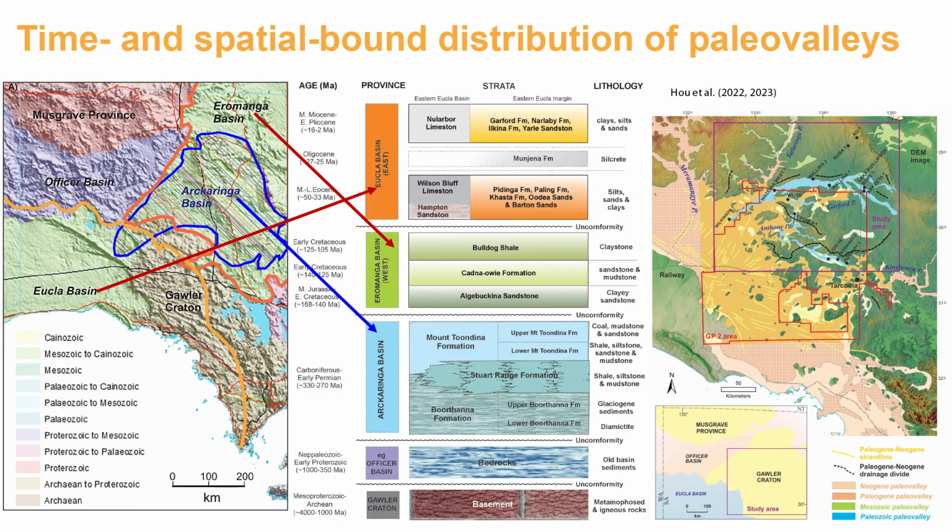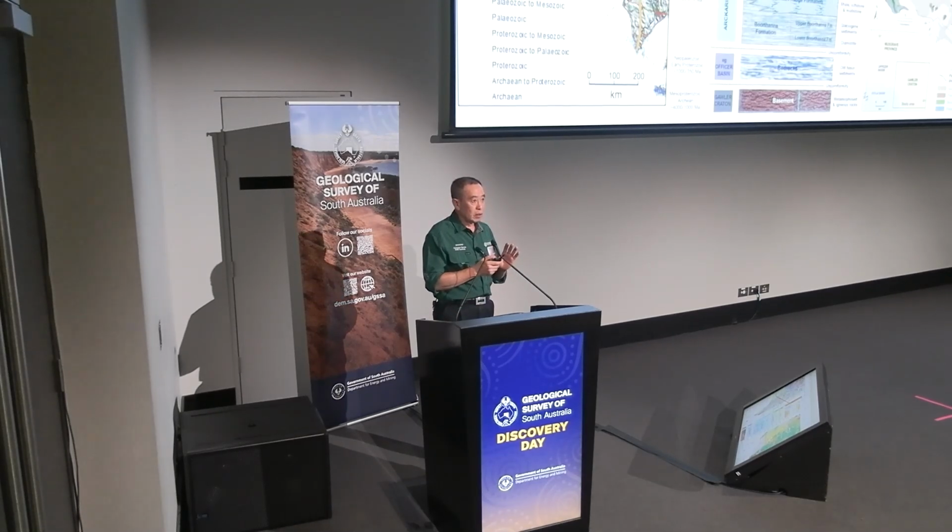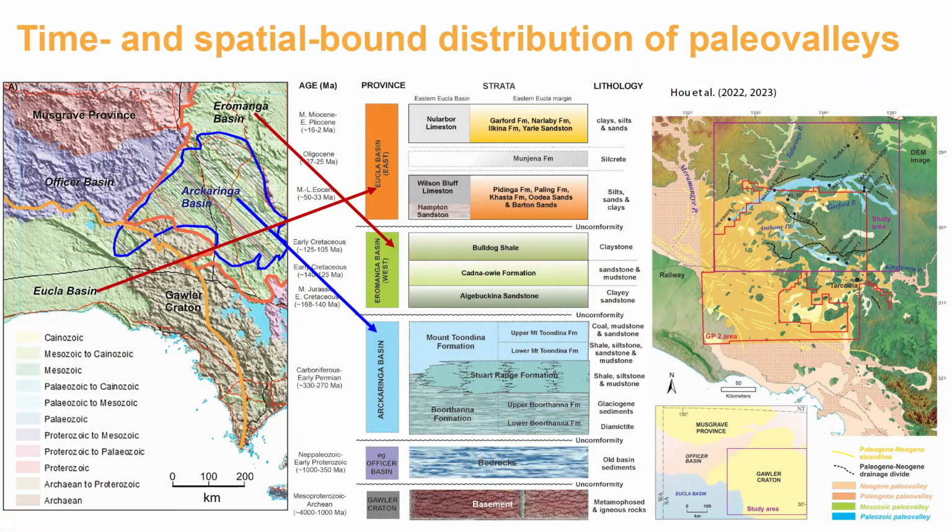So now we can see the relationship between these channels. Over this area and this area, the three sedimentary basins, the different generations, overlap each other at their marginal basin. We know the paleochannel mostly occurs in the marginal basin.